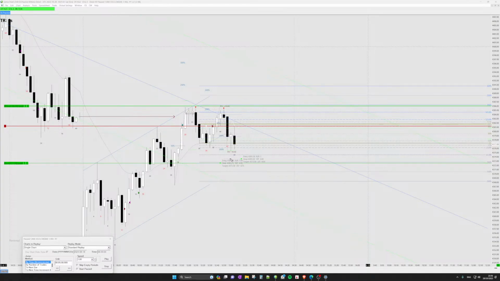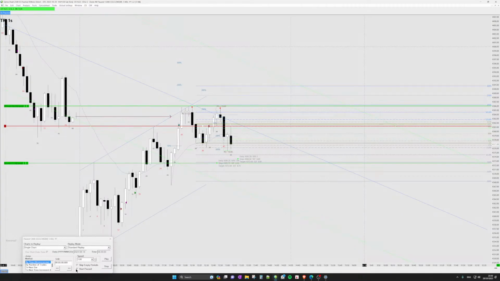So that's the first target for this leg, and this is the target for this leg. The next bar, so it's 10 points and one tick. One tick.